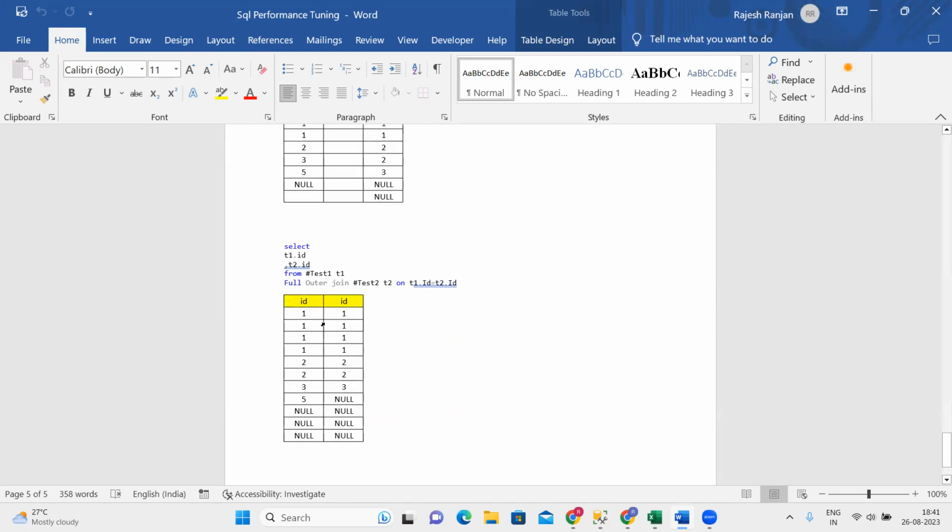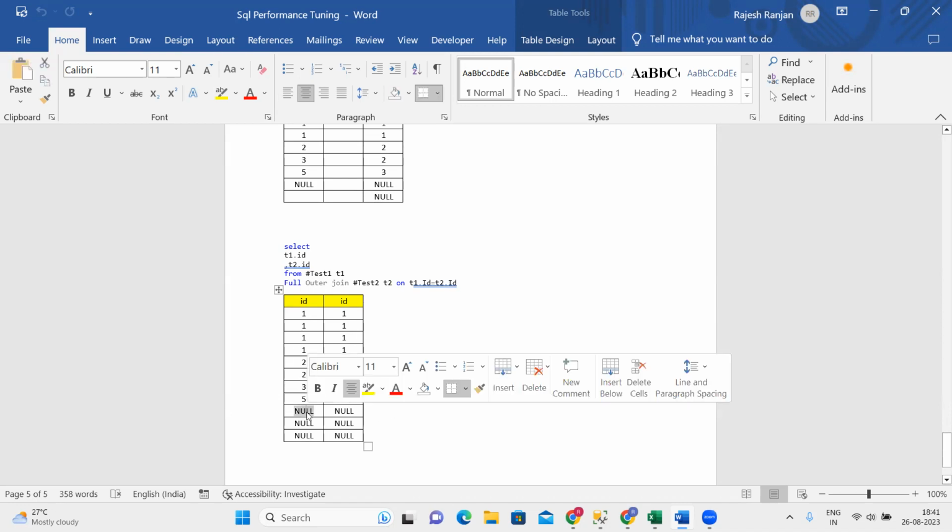Coming to the full outer join, you can see 1 is the same, that's why it gives 4 records. Again, 2 has 2 records, and 3 has 2 records, but 5 is matching from the left. 5 is only present in the left table and not in the right table, that's why it gives 5 and here it gives null values.